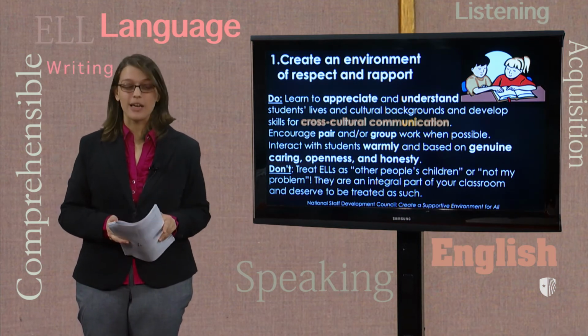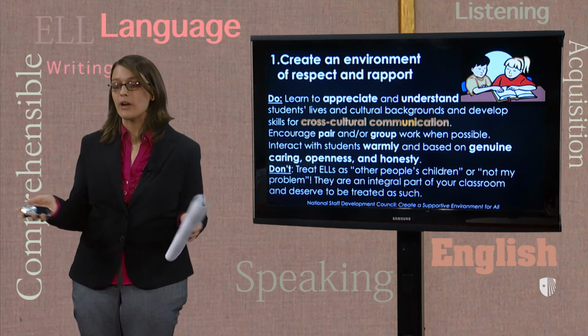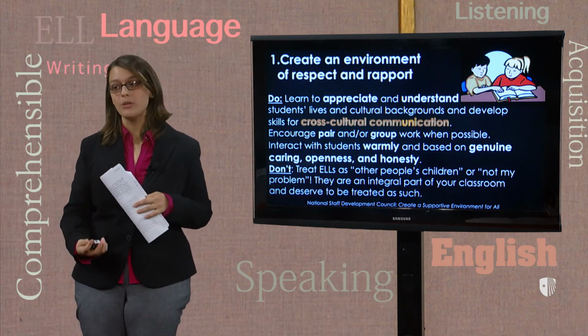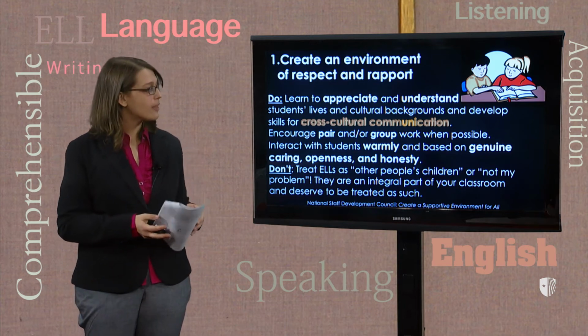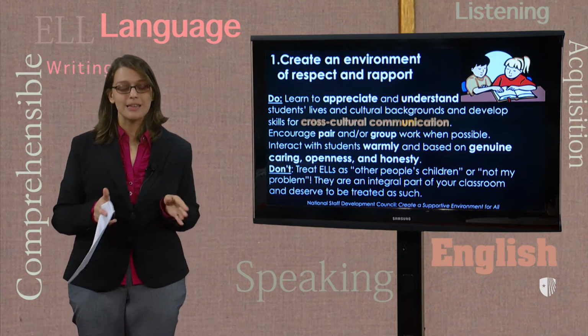Not to say we shouldn't have high expectations of our ELLs, but the way you view them sets the tone for how their peers view them and how their peers communicate with them. And so it's really important that we work on our cross-cultural communication skills and set that as an example for their peers, right? Not only about your interactions with the student, but how their classmates are going to interact.